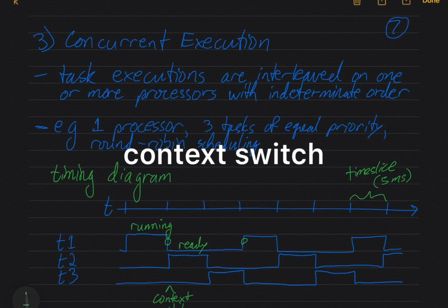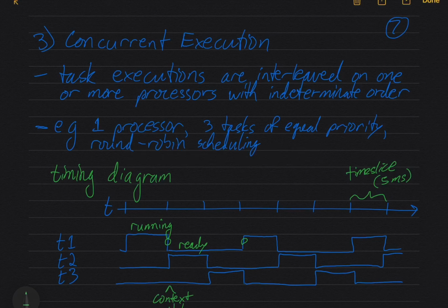So the execution context of task 1 is stored or saved, and the execution context of task 2 is restored at this point, and so then it starts executing. So basically at every time slice we have a context switch happening.